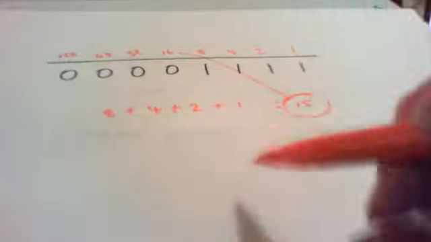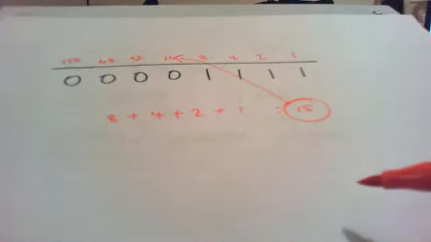We've got 1 lot of 1. I'm going to go greediest first actually. 1 lot of 8 plus 4 plus 2 plus 1. That's 12, 14, 15. Now, notice this. 15 is 1 less than 16.